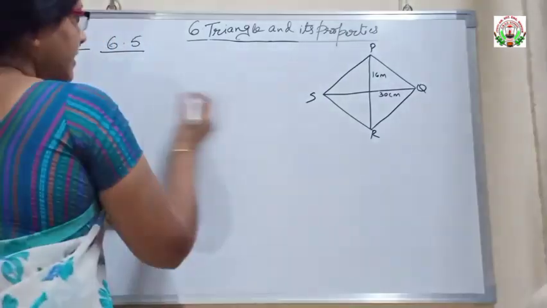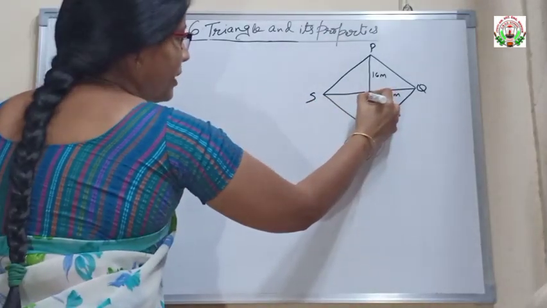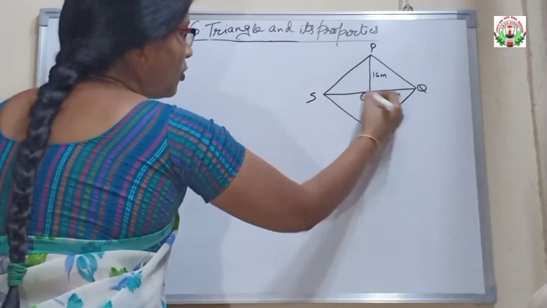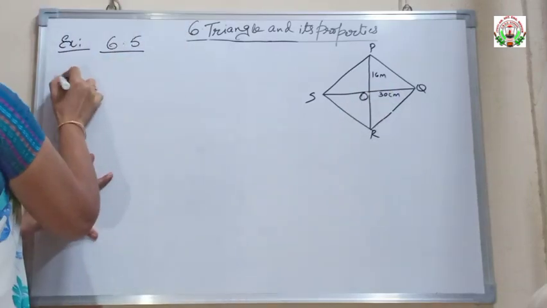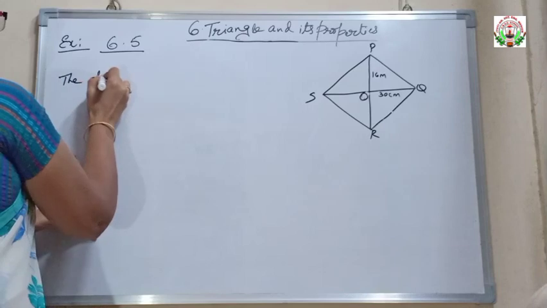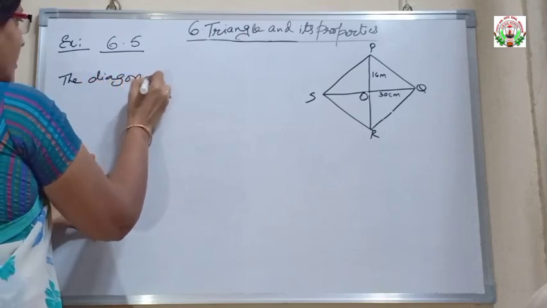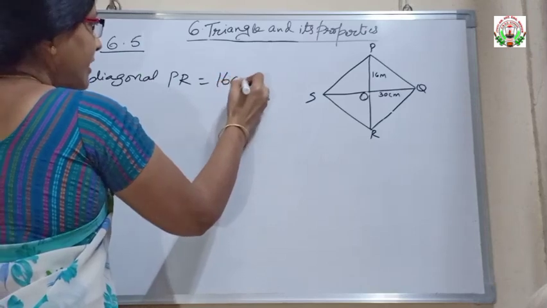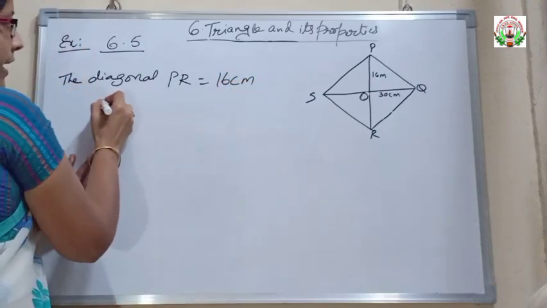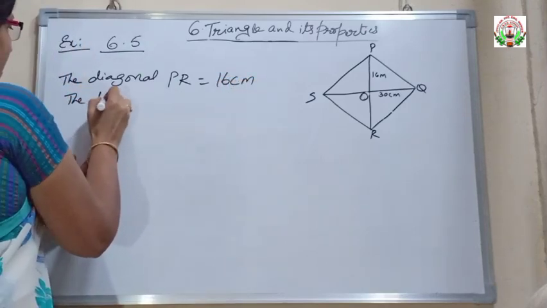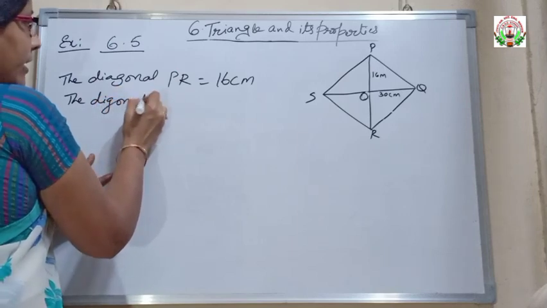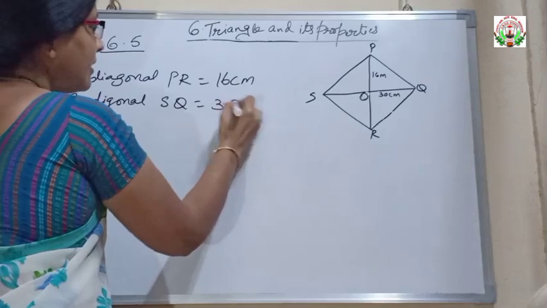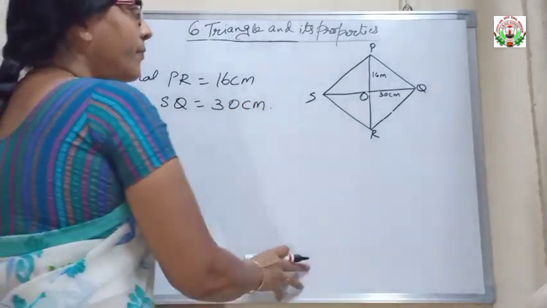Let us write the meeting point of the diagonals as O. The diagonal PR is 16 centimeters and diagonal SQ is 30 centimeters.